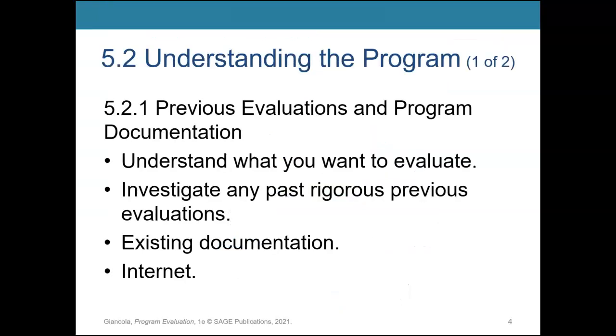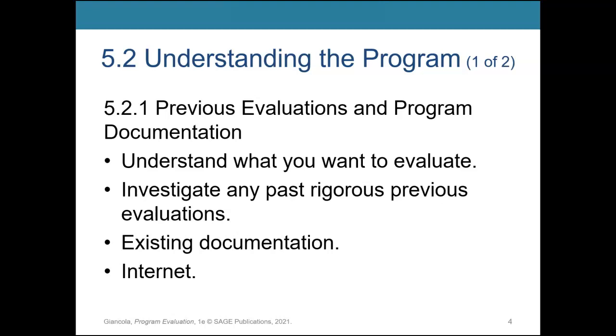So when we're first starting out our evaluation, the first step is to be sure that you understand the program you're evaluating. Otherwise, you can't accurately evaluate something that you don't know or understand yourself. So how do we do that? A first place to always go is to look at previous evaluations of the same program, or of programs like it, or of programs within your organization.